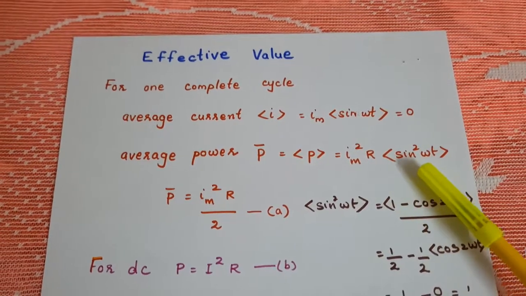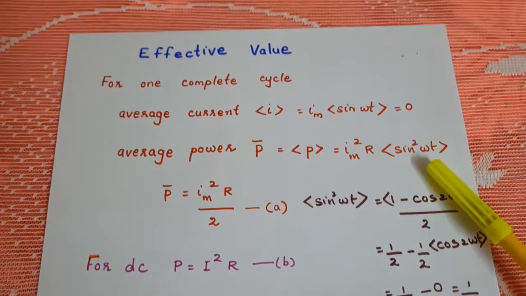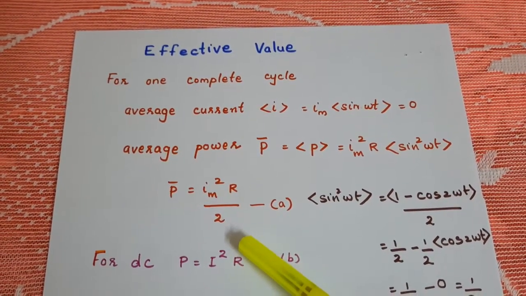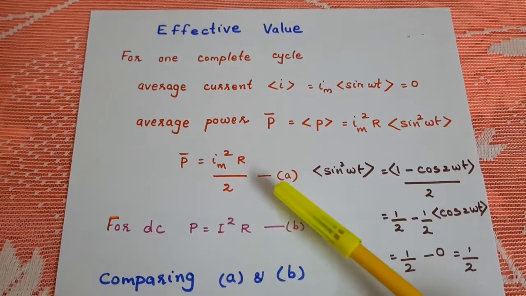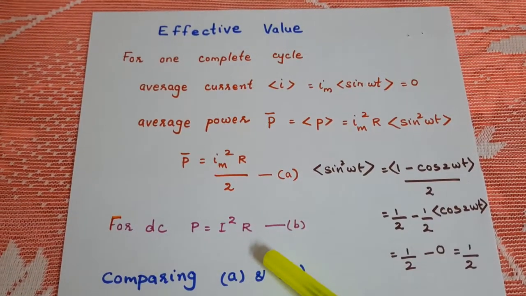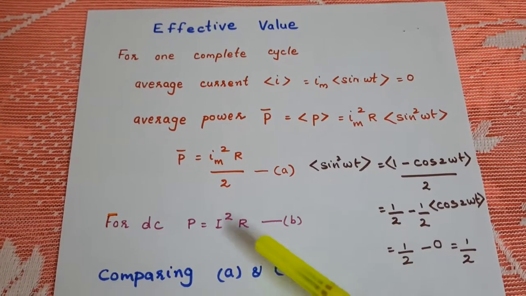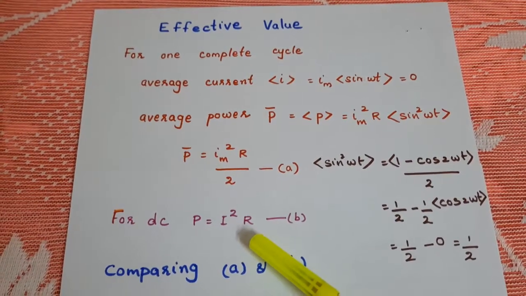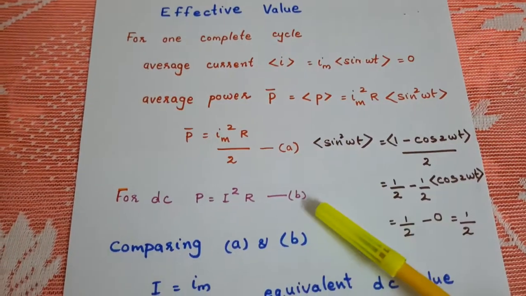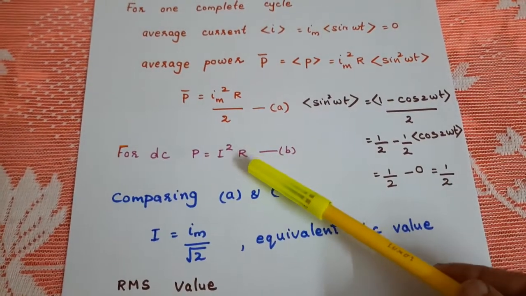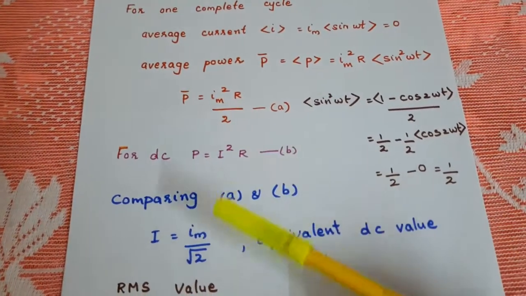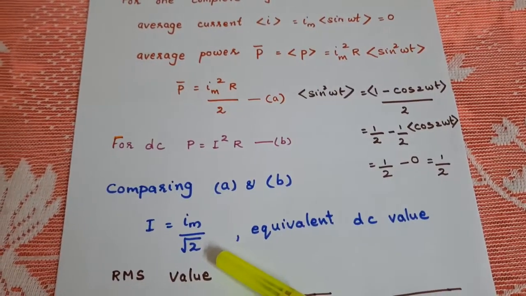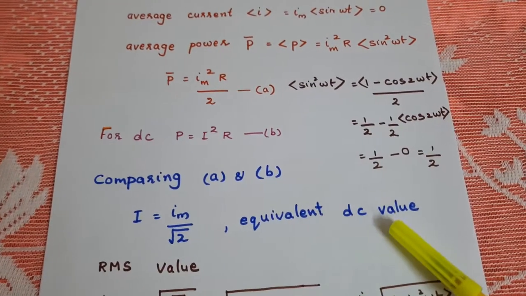The average value of sin square omega t is half. So the average power is Im square R by 2. If you compare this equation with the equation of DC power, that is P is equal to I squared R for DC, we can say the equivalent DC current I is equal to Im by root 2. So this represents the equivalent DC value.